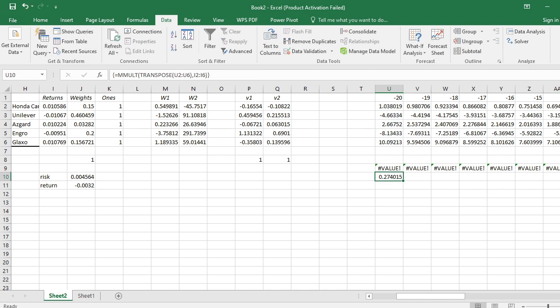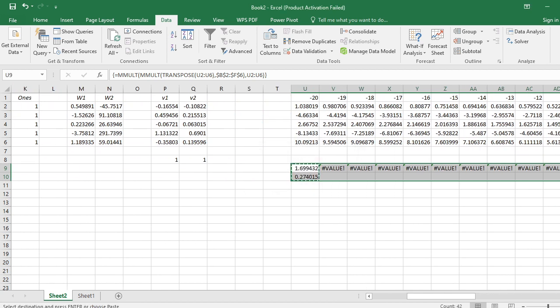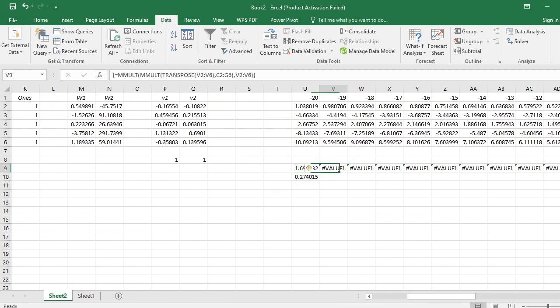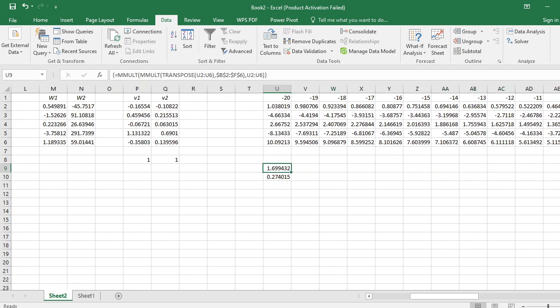And I should also lock these cells as F4 and F4, right? Because that's the matrix. So Control Shift Enter. Copy that. Okay, don't worry, I got this right, maybe.